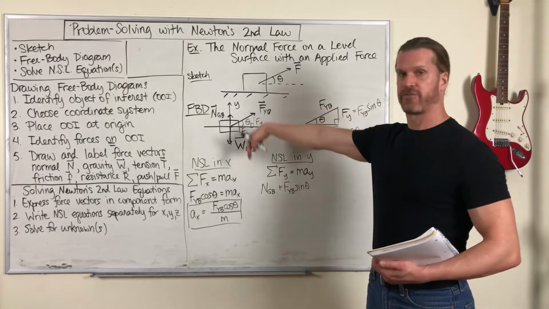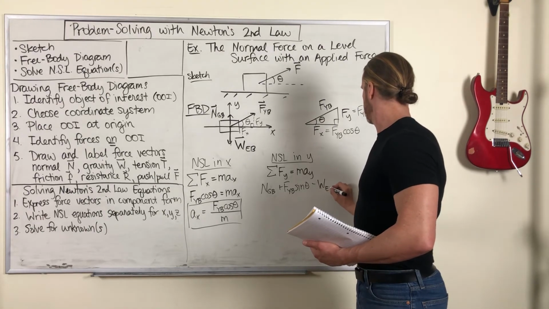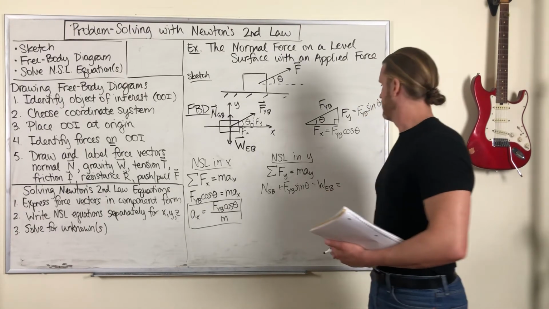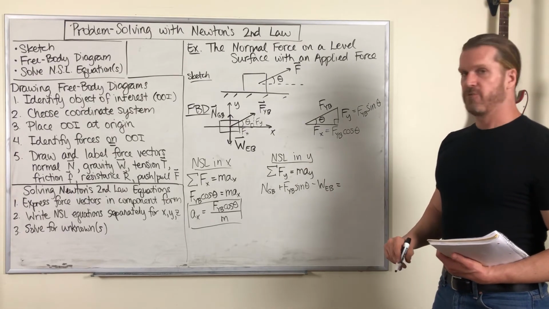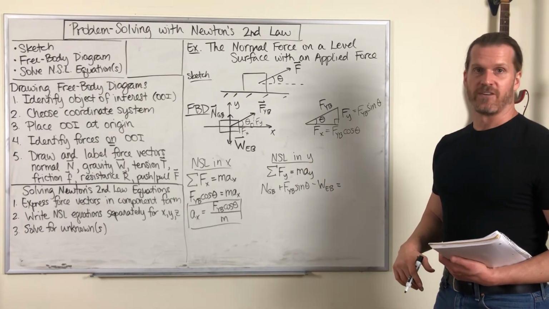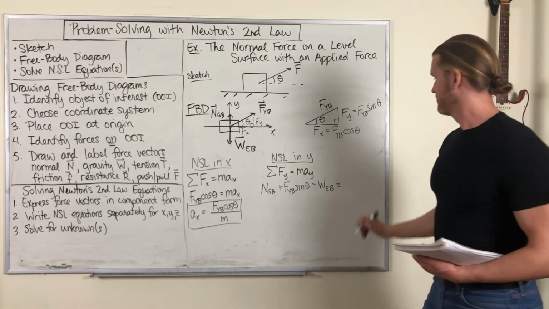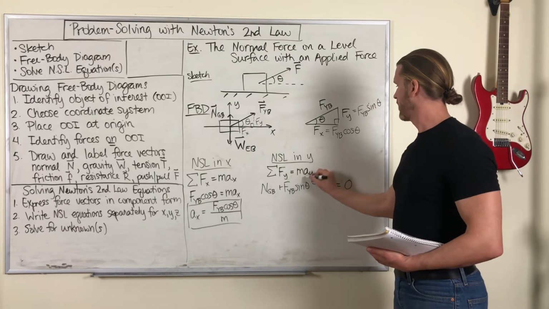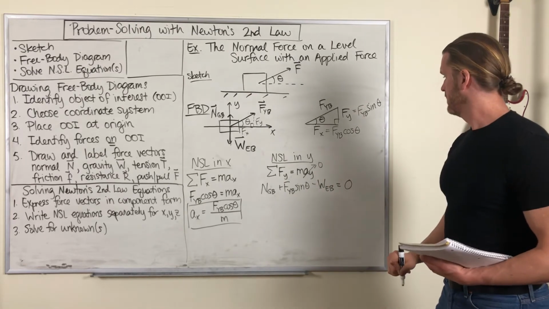And gravity is going down, so we give that one a minus sign. And we'll assume that this thing is not moving in the y direction. It's not accelerating up or down. So the right-hand side of the equation is 0. 0 y acceleration.